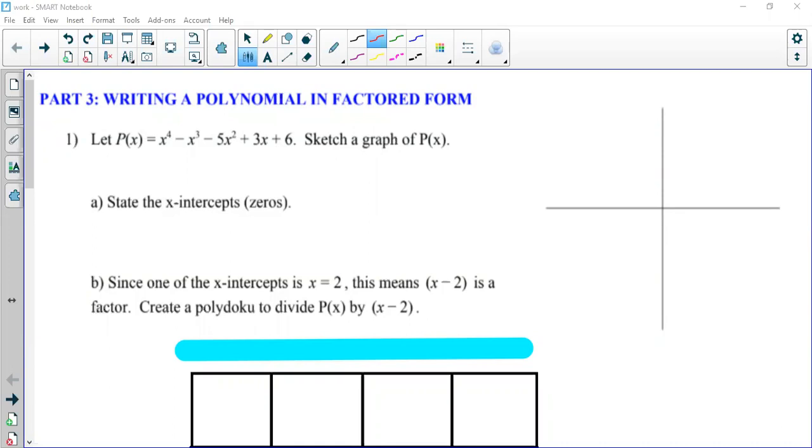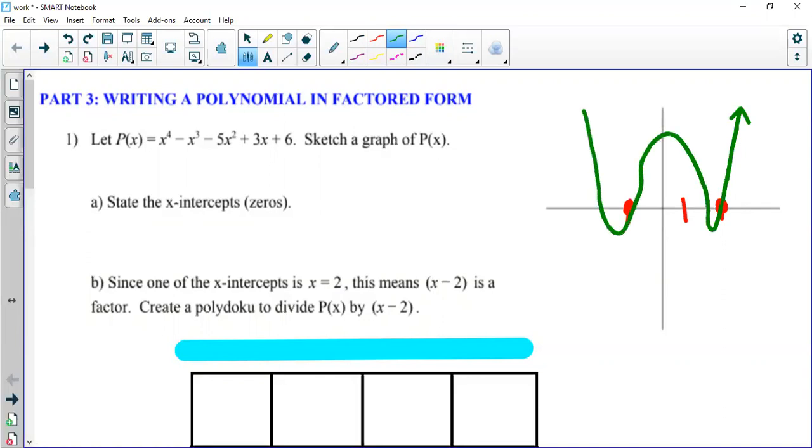And so when I do that, I see that I've got two really nice intercepts at a -1 and at a +2. And I can't exactly tell where the other guys are, but this guy goes down through here, it comes back up, it goes down, and it goes back up.